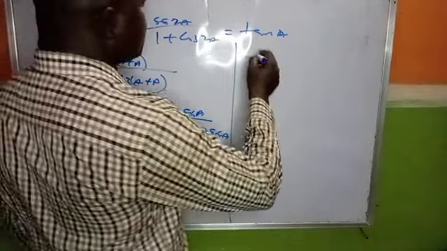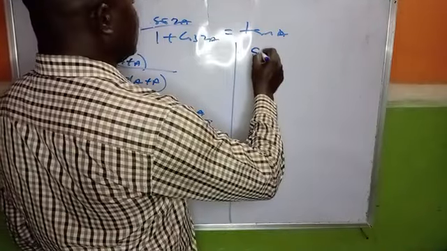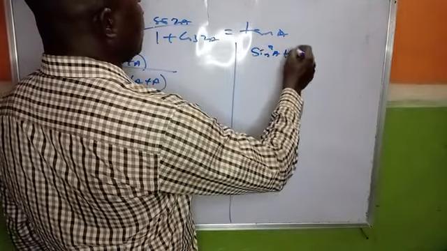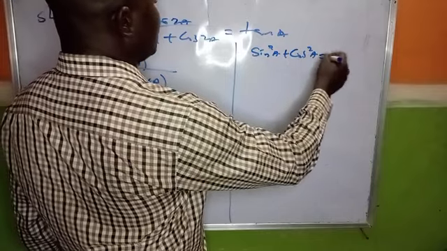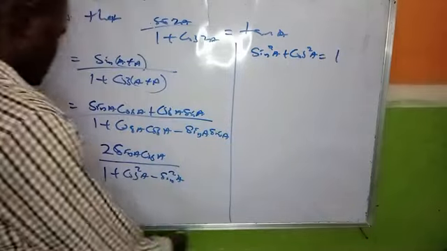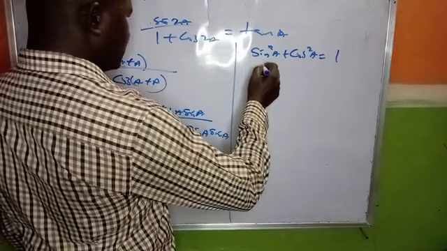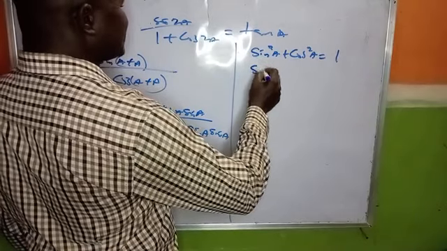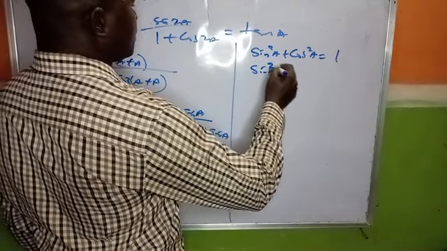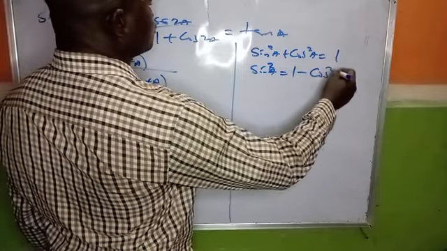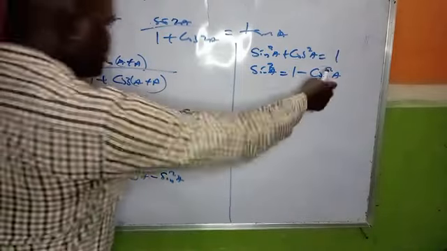So you can replace it from trigonometric identity. You know that sine square A plus cos square A equal to 1. Then here you will have sine square A equal to 1 minus cos square A. So you come and replace this with this.